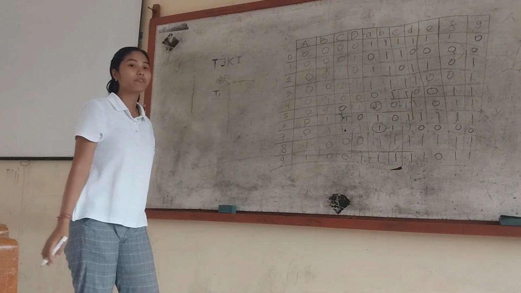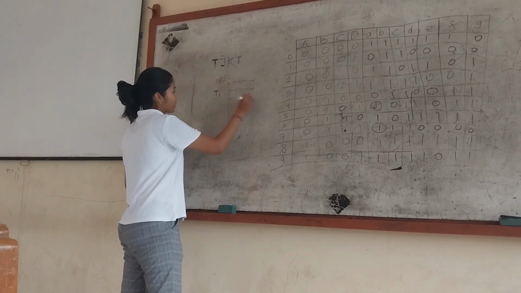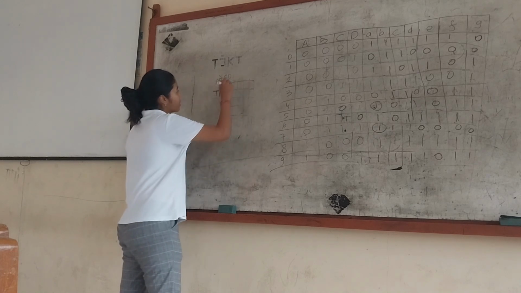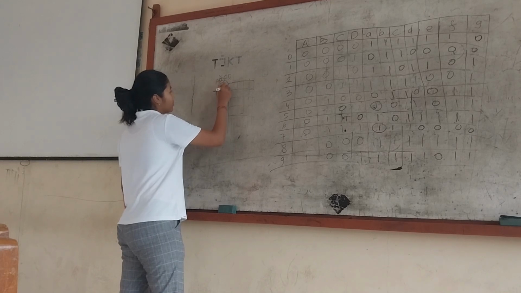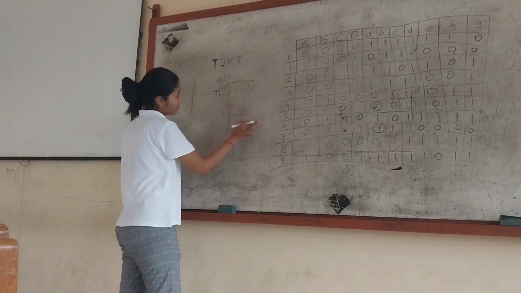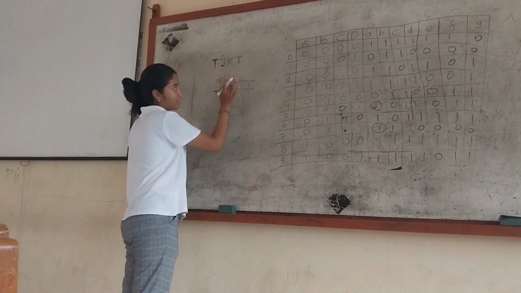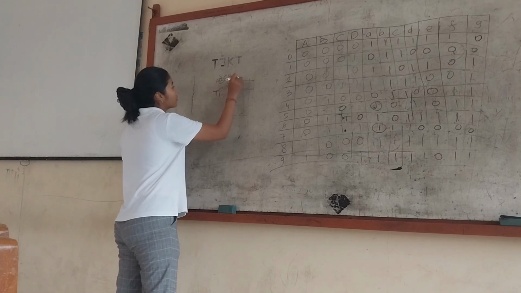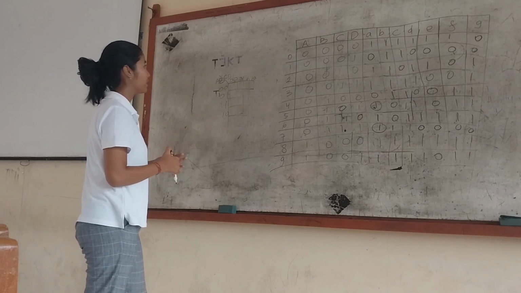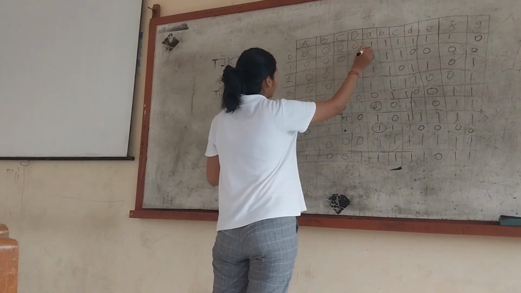Because here we have 4 input variables, we need 4 rows and 4 columns. Here, A and B have values 0 0, 0 1, 1 1, and 1 0. C and D are the same: 0 0, 0 1, 1 1, and 1 0. So if A, B, C, D have value 0 0 0 0, the A output has value 1.